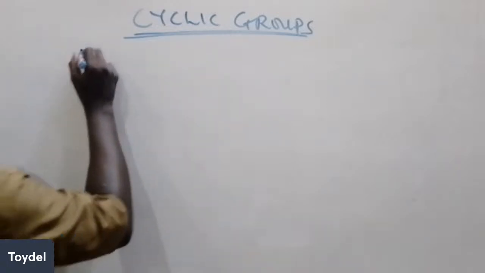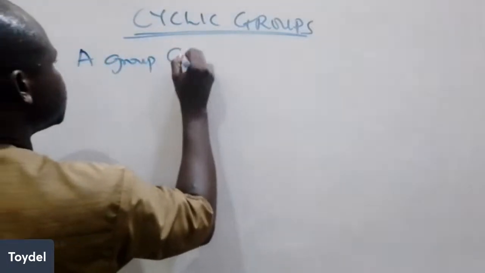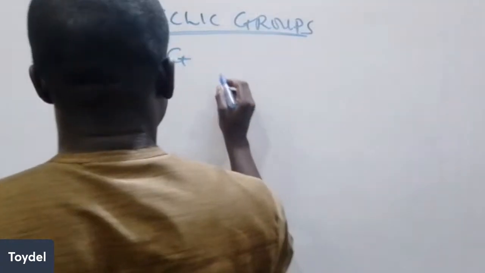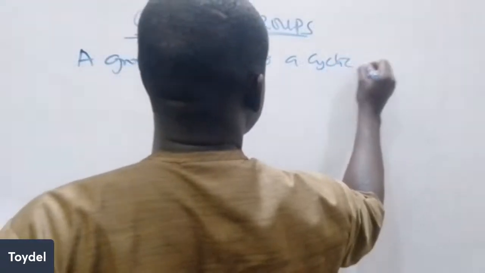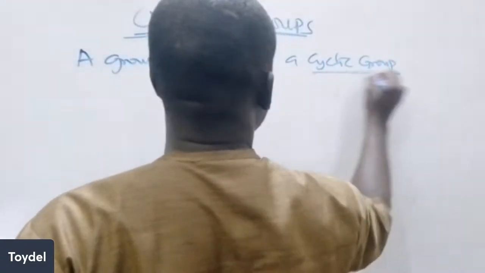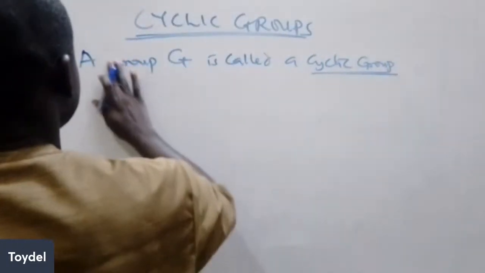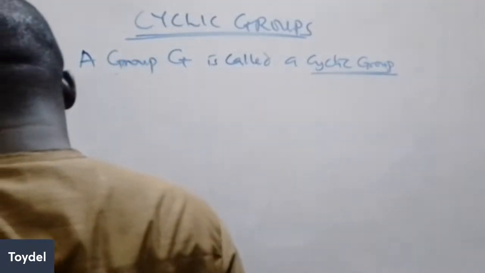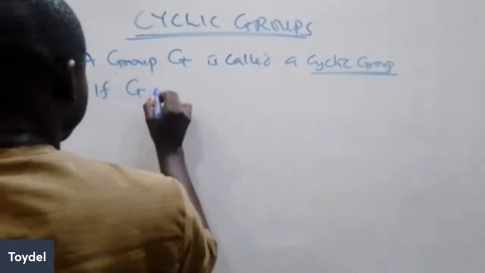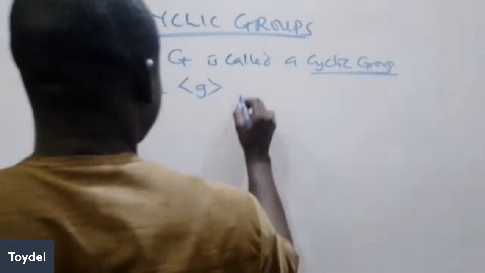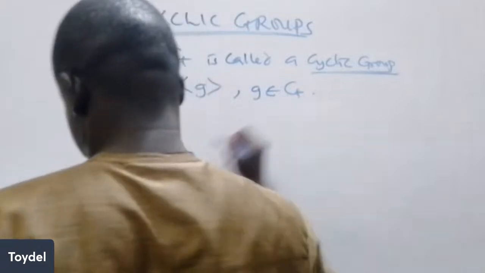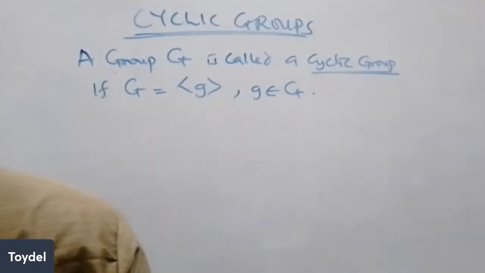Cyclic group. A group G is called a cyclic group if G is equal to the subgroup generated by g, that is, for all elements of G there is a generator g.